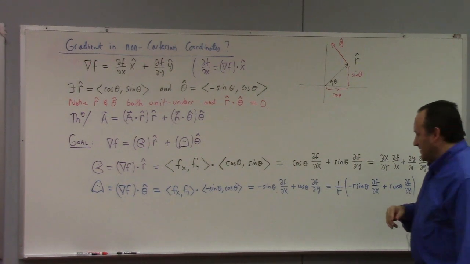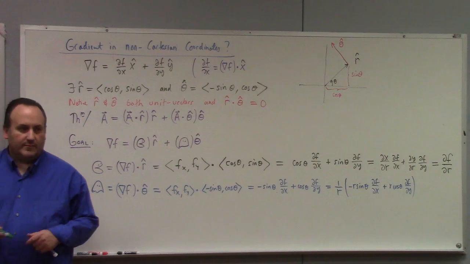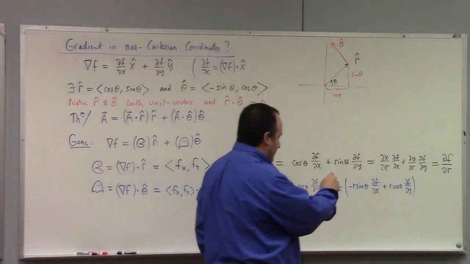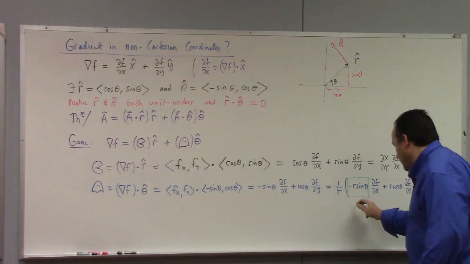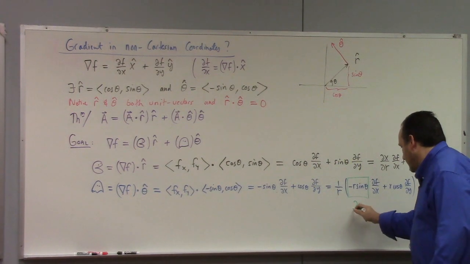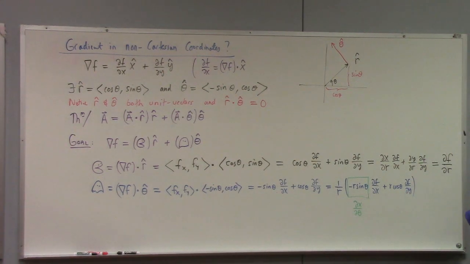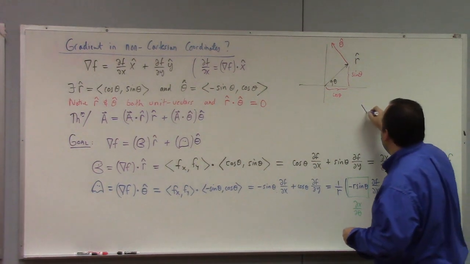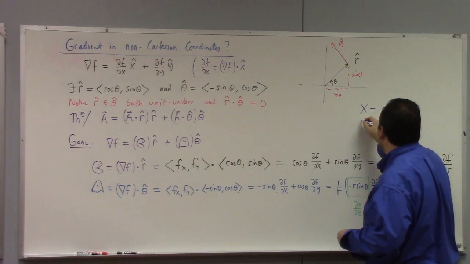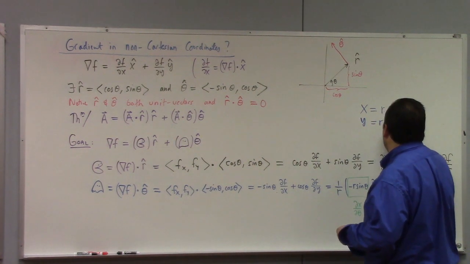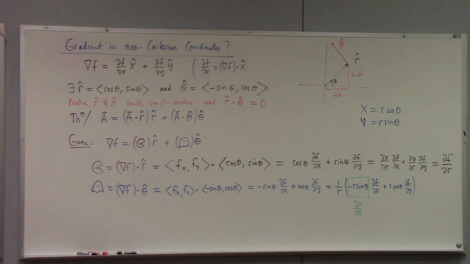Okay? Now that's a little bit of a sneaky trick. I divided and multiplied by r, right? But what is this here? Here you're looking at partial x, partial theta, right? And if you guys don't know where that's coming from, let me remind you, this is all with respect to the polar coordinate formulas, right? X equals r cosine theta, y equals r sine theta. From these equations, the partial derivatives flow, right?